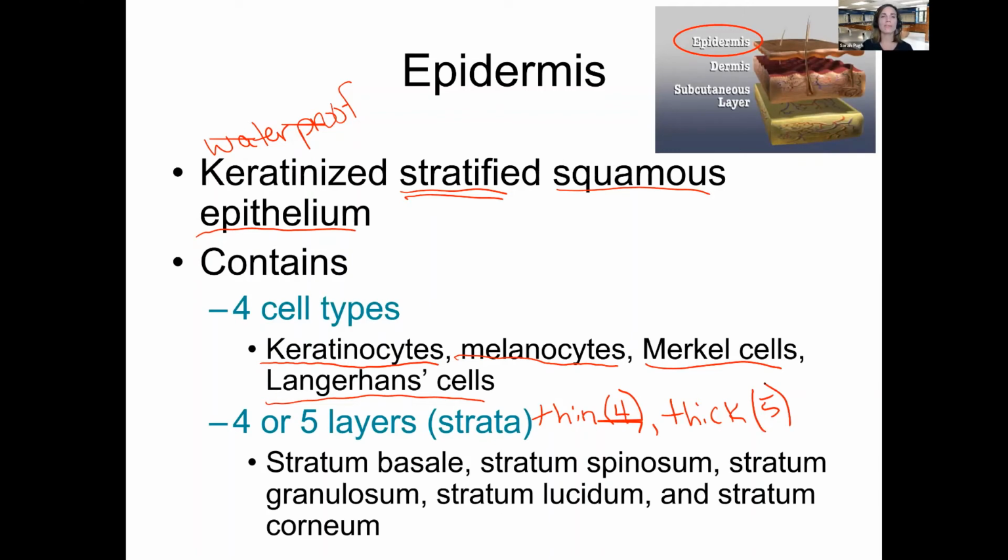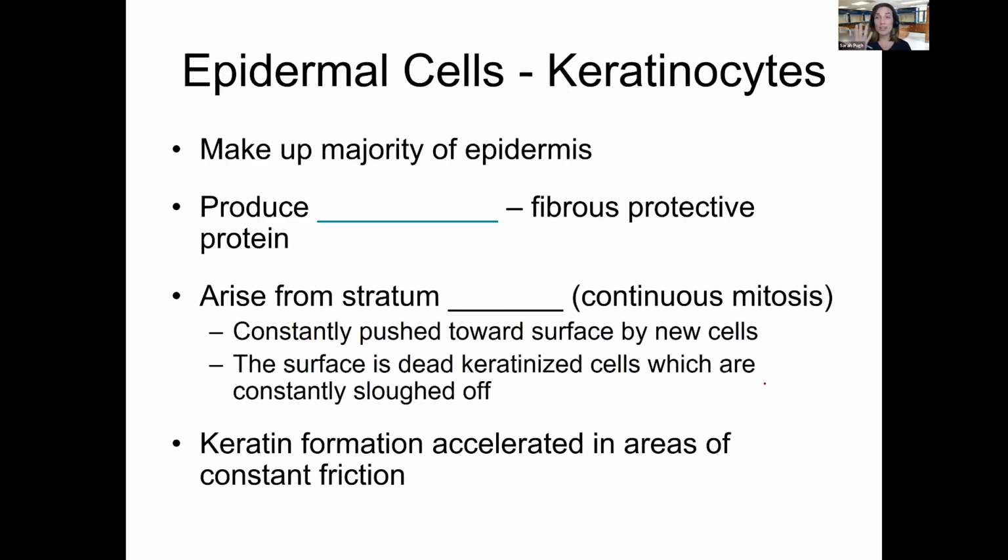So we're going to start with our cell types, right? We have 4 kinds of cells. The first one, keratinocytes. These actually are the majority of your epidermis. I'm going to stress this because you're going to see a question about that on your exam this week. Okay, what is the main type of cell found in the epidermis? It's keratinocytes. And if we think about the name, we know cyte means cell.